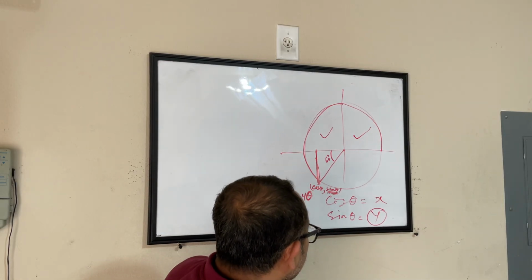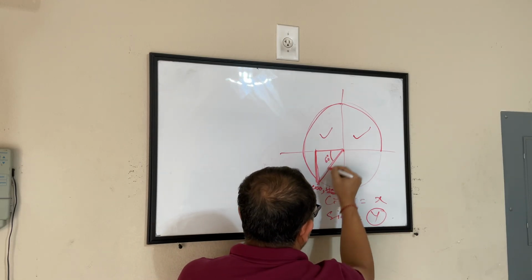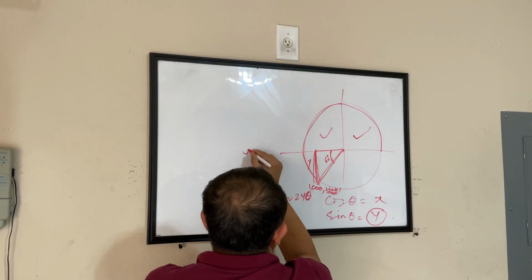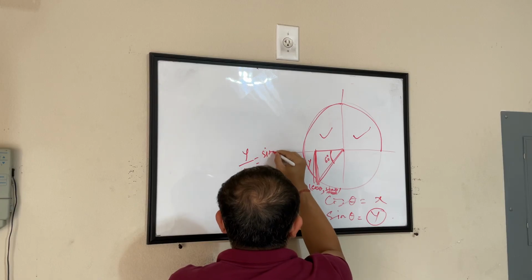And it will be in the negative direction, but let's not worry about the negative part of it. Let's look at this as a right angle triangle. This is 60 degree and this length you have to find out. So if this is y, we know that this is a unit circle, so y by 1 is sine 60 degree.